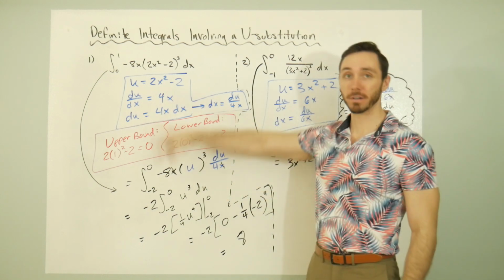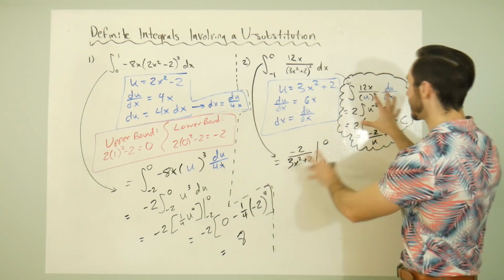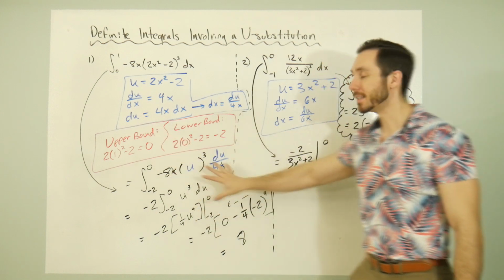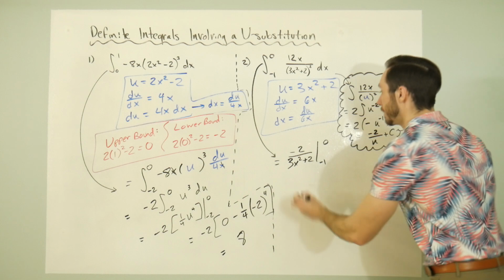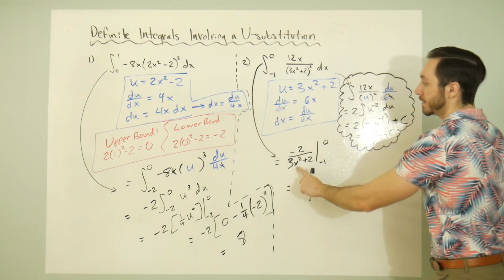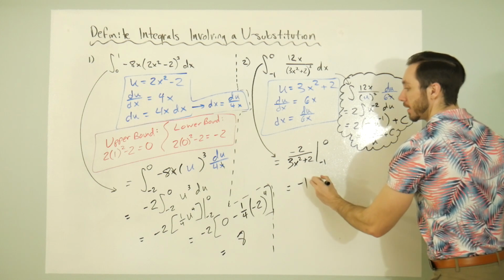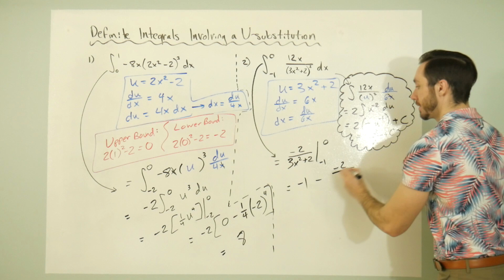I actually do prefer switching the bounds. I think that not having to worry about this process, and after you just switch the bounds, that's a little bit easier in my mind, but who knows, maybe you prefer this, because now I'm just evaluating on the bounds. If I plug in 0, this goes away, so it'd be negative 1, and then minus, I gotta write this one out entirely, sorry.